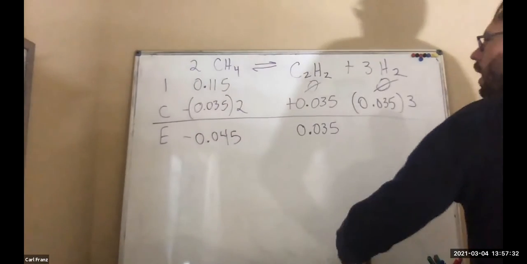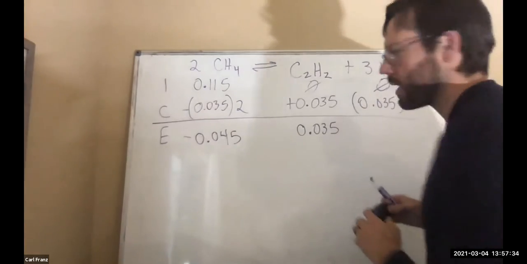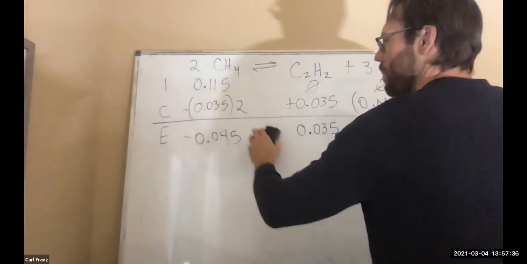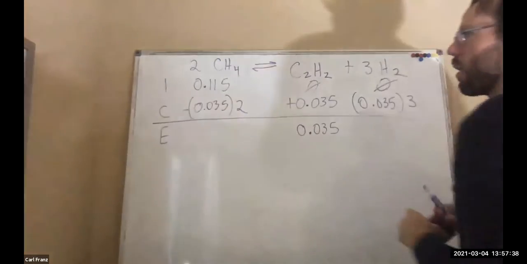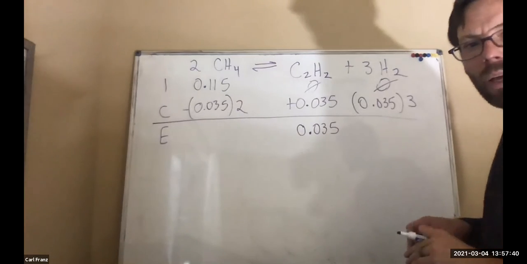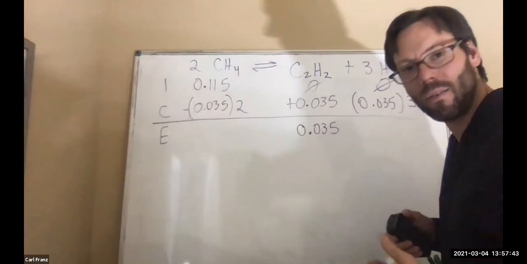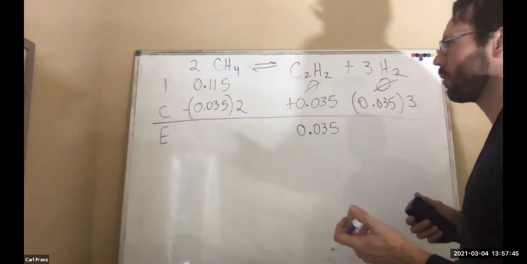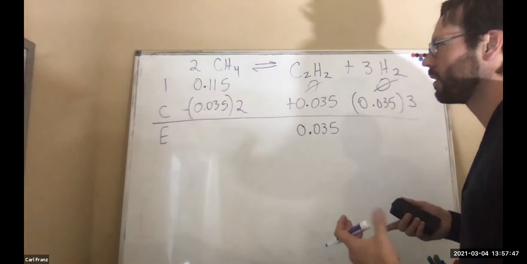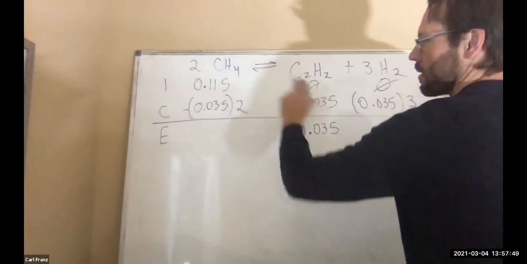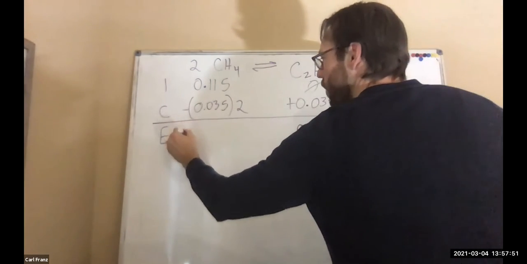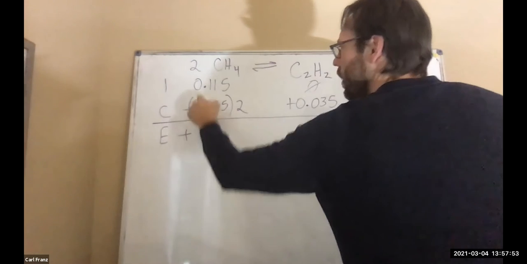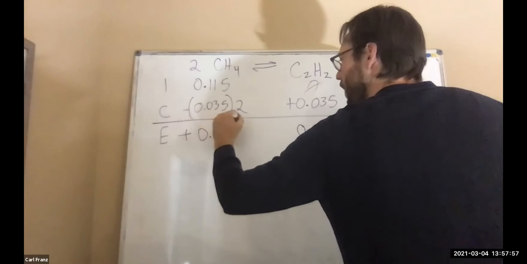Okay. But it's positive, not negative. Oh, you know what, guys? I was just writing down 0.035 times 2, and that's a negative 0.07. But I forgot to subtract it from this. Okay, so what did you get? It's 0.045 for the final answer.